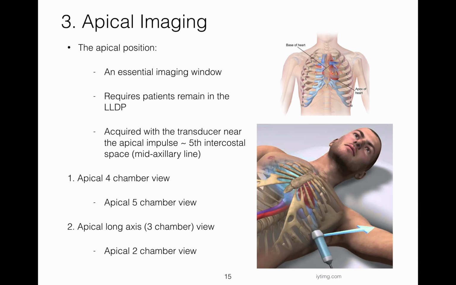There are 2 standard apical views, the apical 4-chamber and the apical long-axis view. The apical 5-chamber view is a modification of the 4-chamber. The apical 2-chamber is a modification of the apical long-axis view, and we'll consider these shortly.